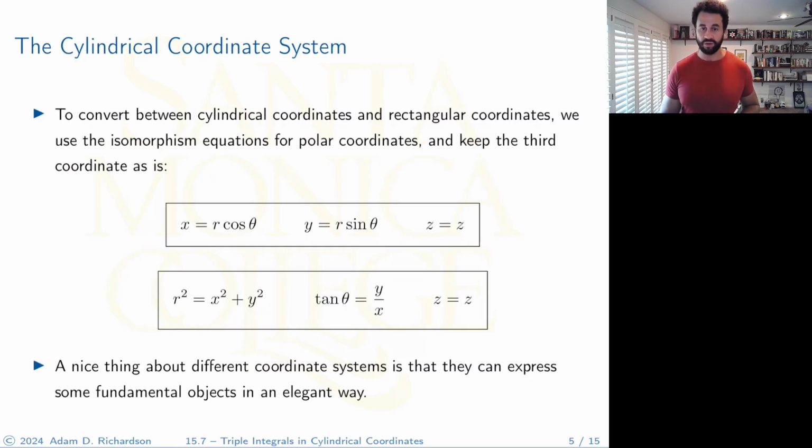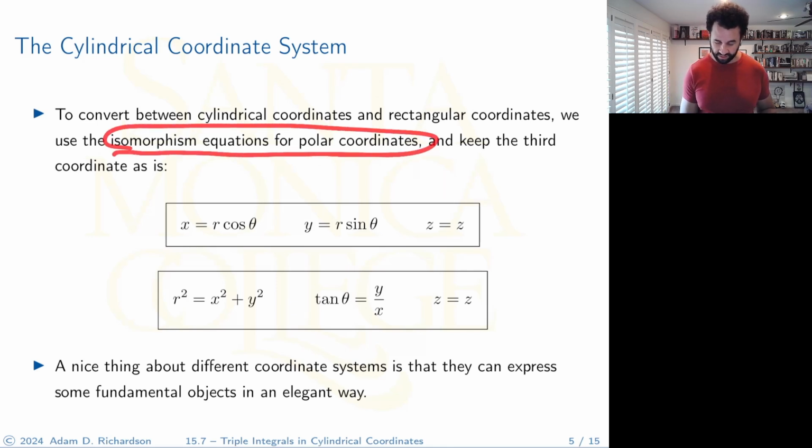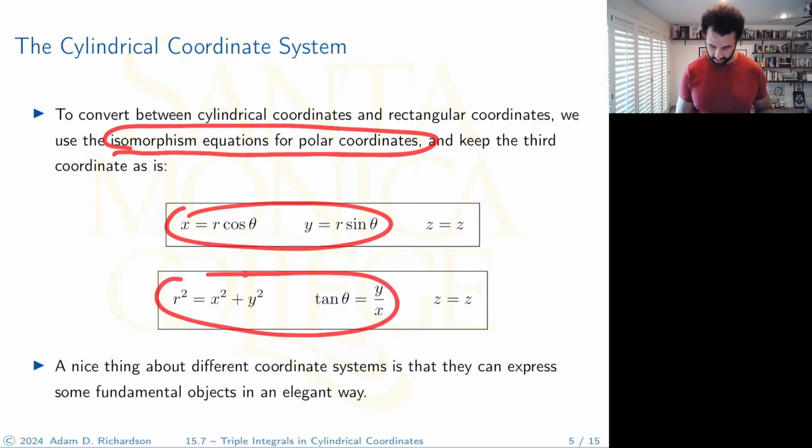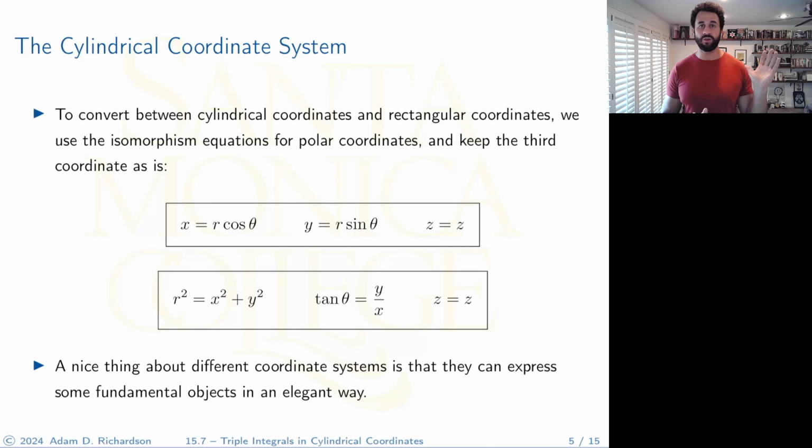All right. So how do we convert between the two systems? What are the equations that relate the two systems? To convert between these two systems, we use the equations for polar coordinates, and then we just keep the third coordinate as it is. That's it.